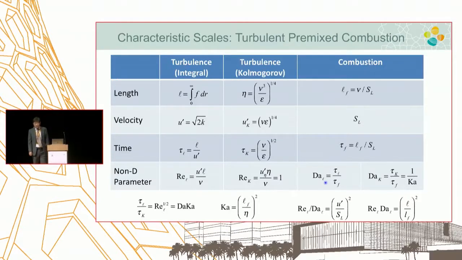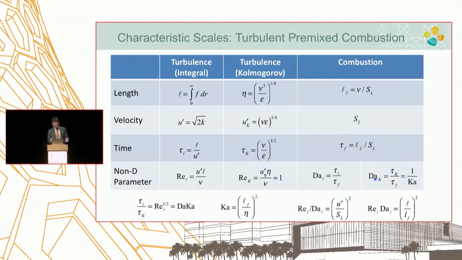I can pick the flow time of the Kolmogorov eddy, which spins much faster, so it's shorter. That ratio I'm going to call the Damkohler number based on Kolmogorov. So the Damkohler number can be defined differently depending on your flow time scale, which varies over the spectrum of turbulent eddies. So this is the Damkohler number integral and the Damkohler number Kolmogorov. I think this is a perfectly rational way of defining it.